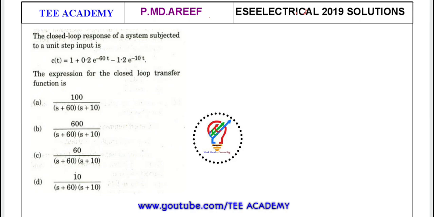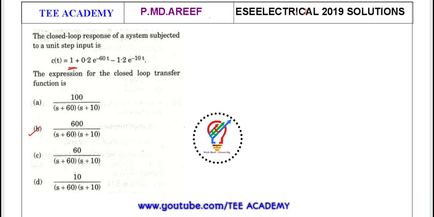So the shortcut here is, c of t is equal to 1 plus 0.2 e power minus 60t minus 1.2 e power minus 10t, so the steady state value is 1. The steady state value of any such system transfer function is 1, which is going to match the answer. So the answer here is going to be B.